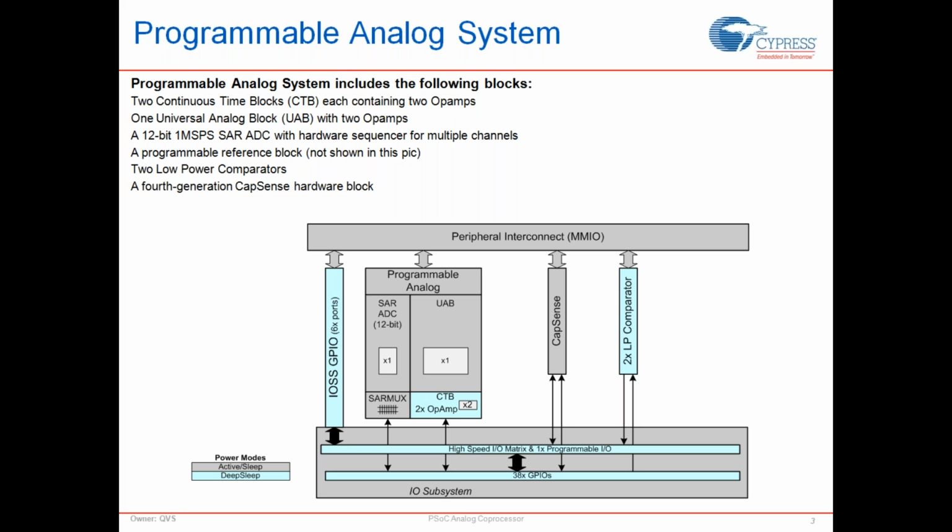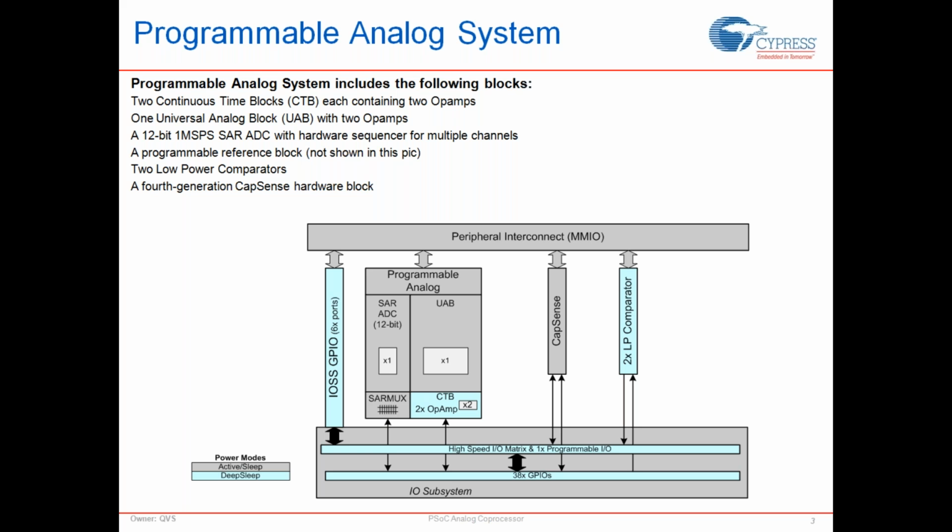That's the CTB. We have something called capsims, which you can use to measure capacitance, which is in turn used for capacitive sensing, touch sensing of touch buttons and sliders. We also have two low power comparators, which could be used as wake-up sources in sleep. You could use this to wake up your device from sleep mode on an analog signal.